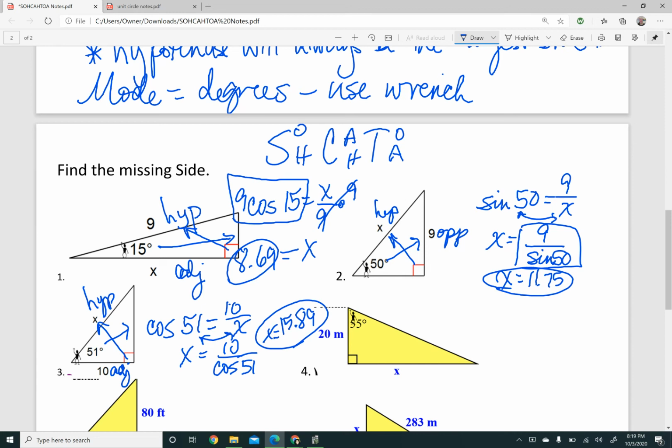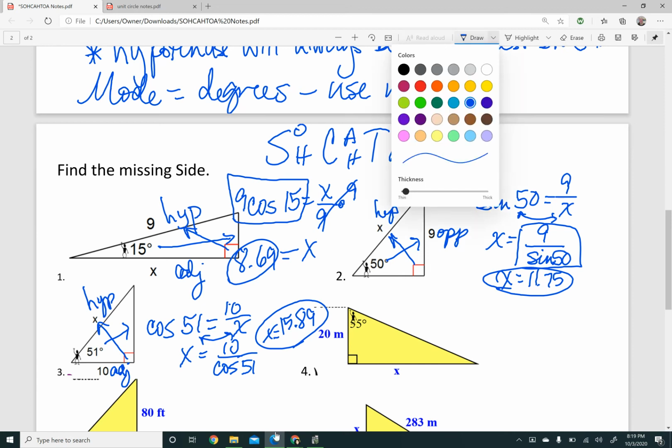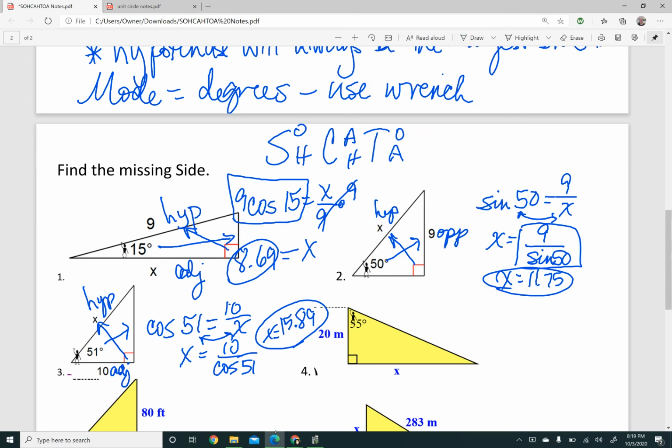All right. I'm going to change colors here so we have something a little different on the screen. Here we have the opposite side. Here we have the hypotenuse, so that makes this the adjacent side. So opposite and adjacent is tangent.